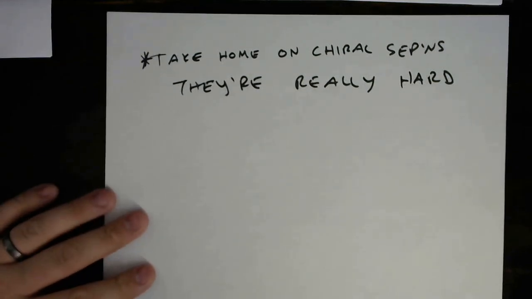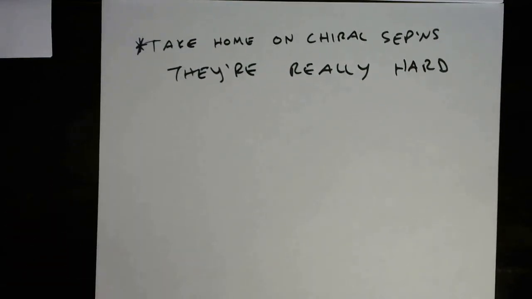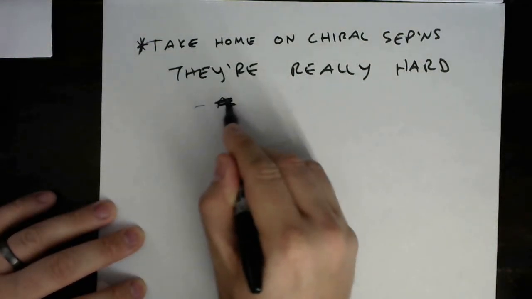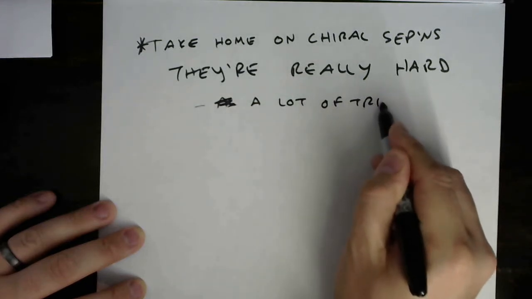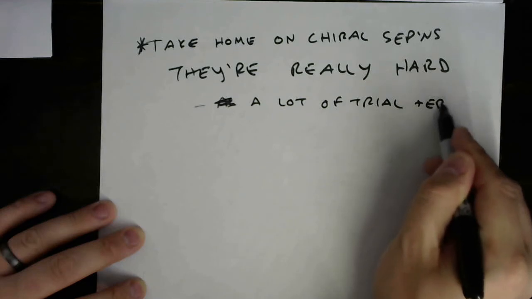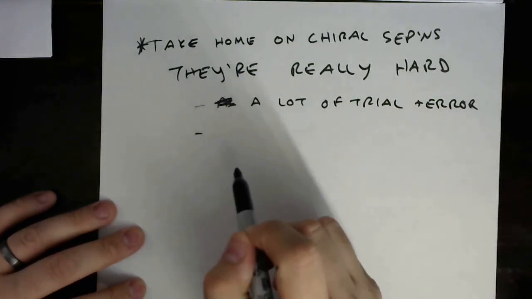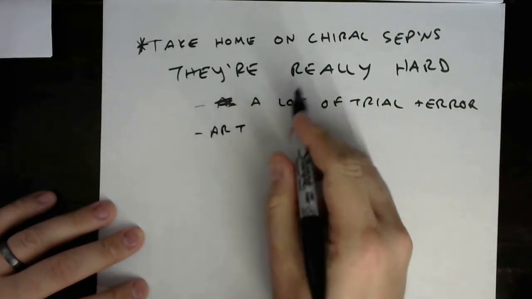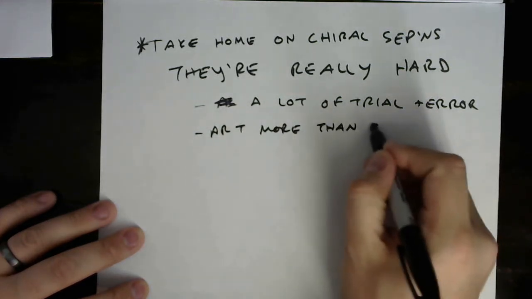There's not a really strong body of theory that will allow you to predict ahead of time if something's going to work. And so this means a lot of trial and error, and quite a bit of, well, we'll say art more than science at the moment.